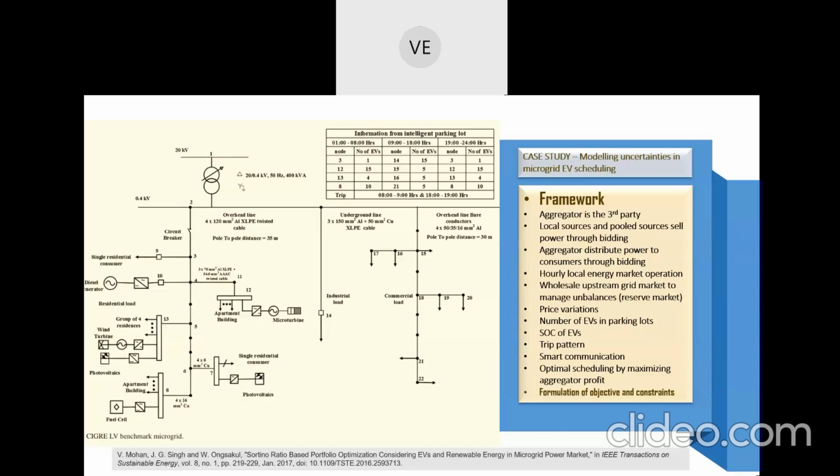So if you want to minimize the operational cost, you have to get the optimal values of power outputs from each of these sources. But now we see that the independent variables themselves are random. They are not deterministic. They are not just P1, P2, P3, etc. P1 can vary in a range, P2 can vary in a range. So these values are basically stochastic variables. So based on that, we have to run optimal power flow.